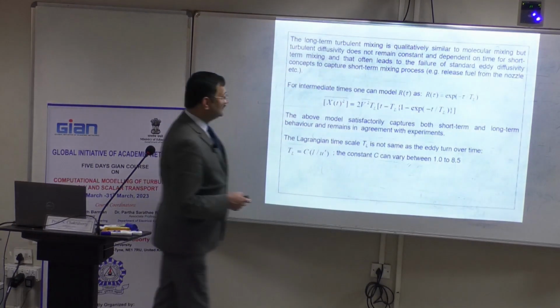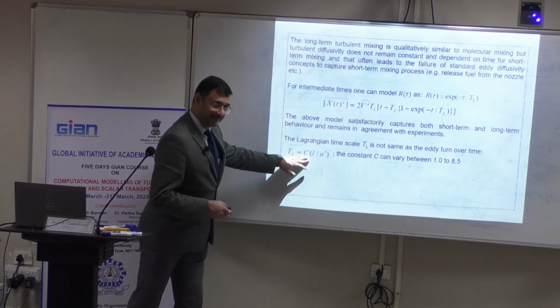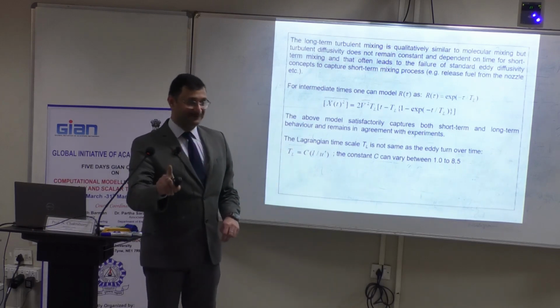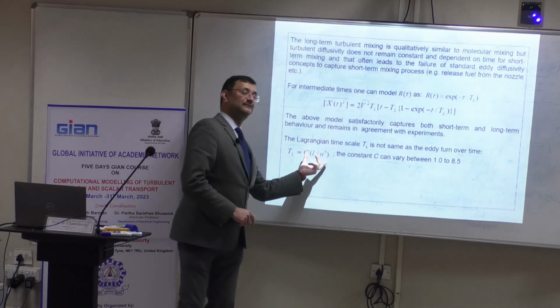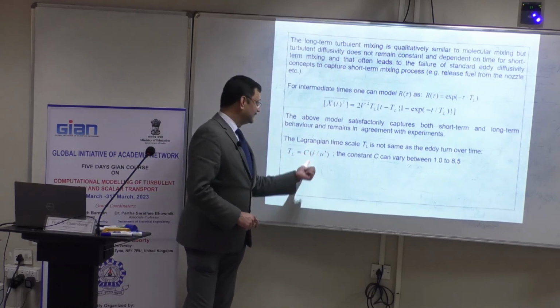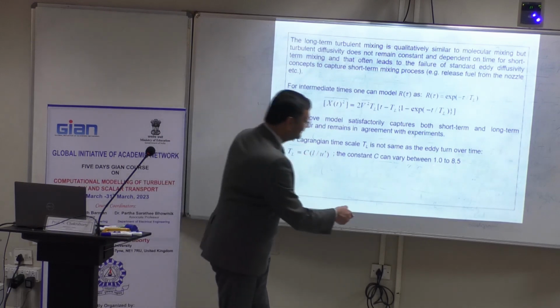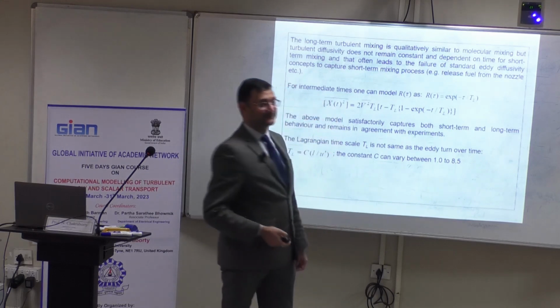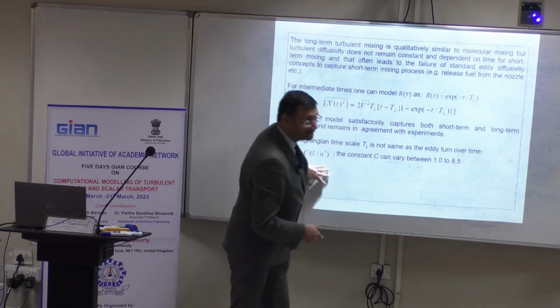But generally, we model it, model meaning approximate it, to be proportional to the large eddy turnover time. This constant obviously is not a constant, it's a parameter, and varies between these values. Quite a wide variation. It's very, very flow dependent.